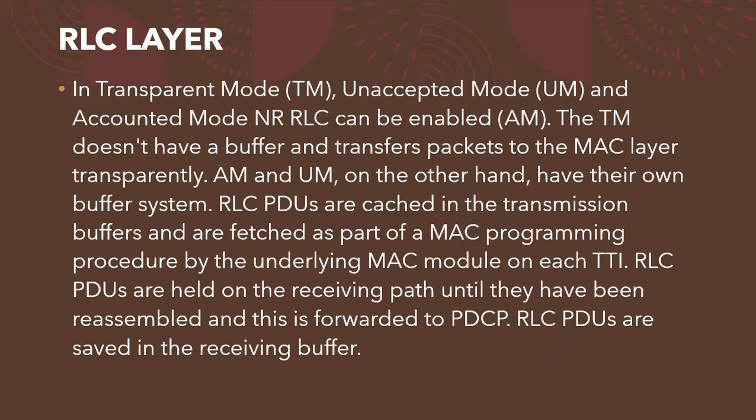RLC PDUs are cached in transmission buffers and are fetched as a part of the MAC scheduling and communication procedure by the underlying MAC module at each TTI. RLC PDUs are held on the receiving path until they have been reassembled, and then forwarded to the PDCP. And RLC PDUs are saved in their receiving buffers.